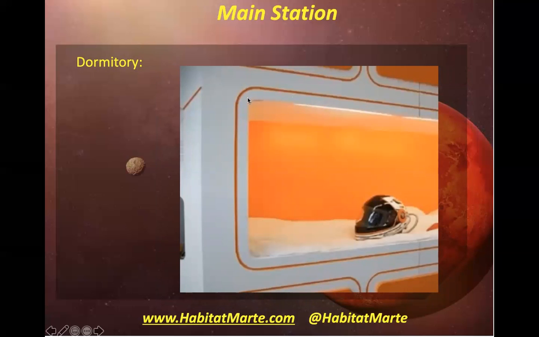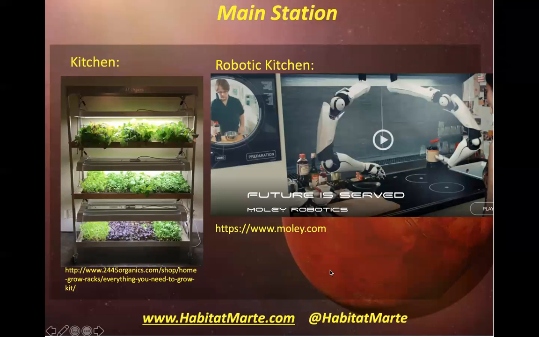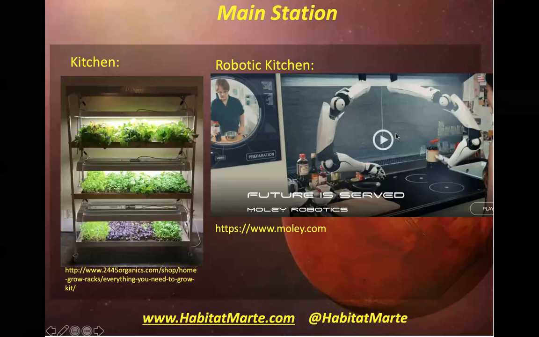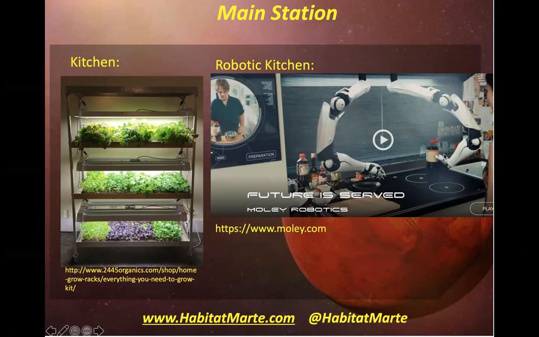This is the conception of the dorm, also with small shelves. Okay, and the kitchen. We saw a company called Moley.com, and they created this robot. It's the first robot kitchen, and you can see the robot taking some food here to prepare a meal.